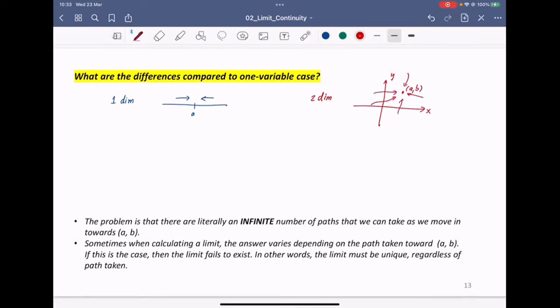This is very interesting, because we have a theorem in math, or you can call it a remark.